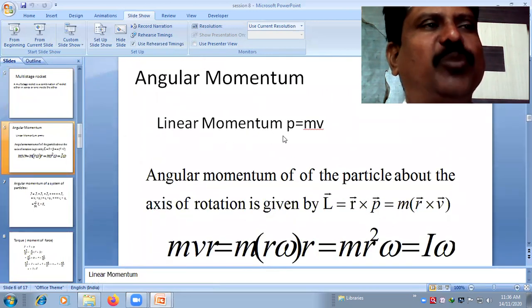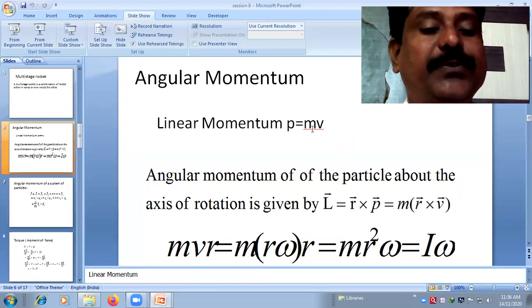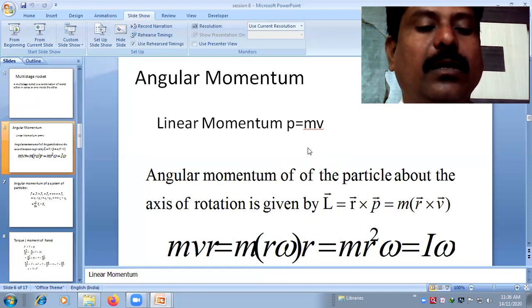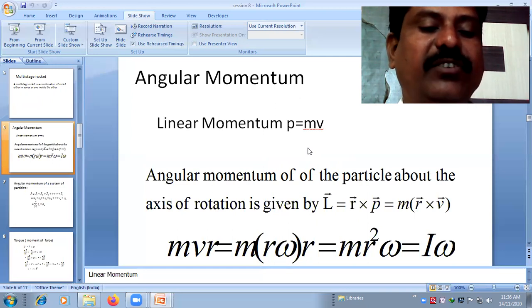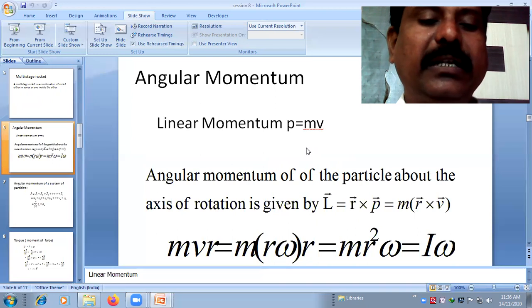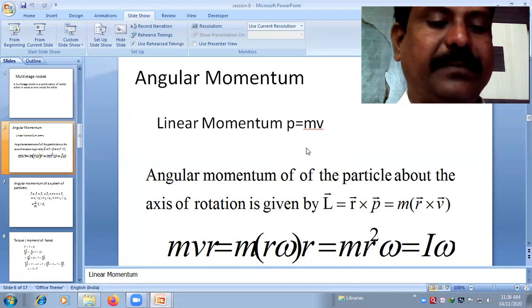Already I mentioned that linear momentum P is equal to M into V. In order to explain angular momentum, consider a particle of mass M rotating about a fixed point O. Let R be the radius vector and V be the linear velocity of the particle.